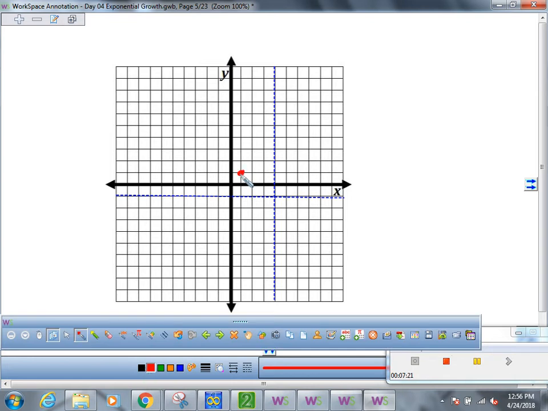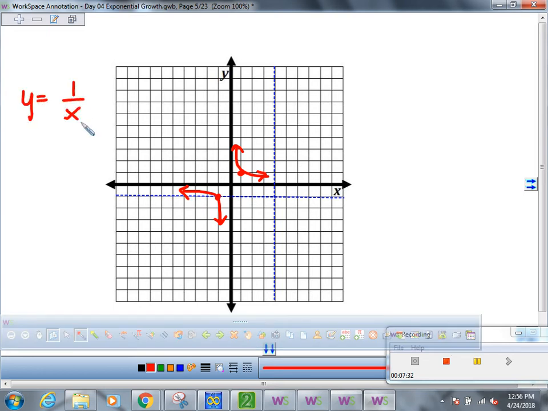Parent function of this one. Remember this? Y equals 1 over x. So how am I changing this one? Over 4, right?